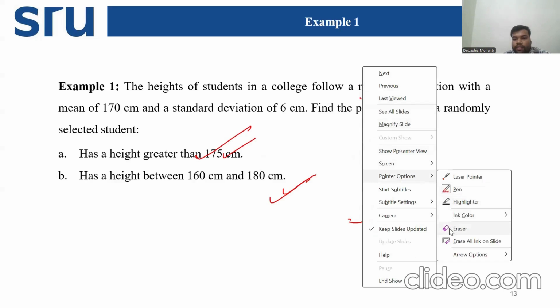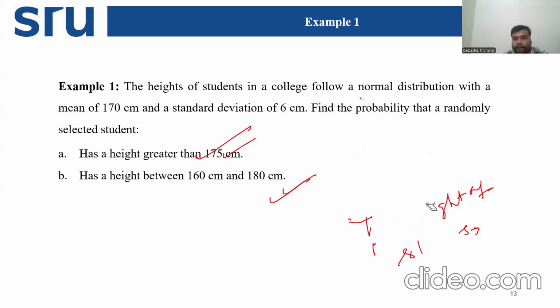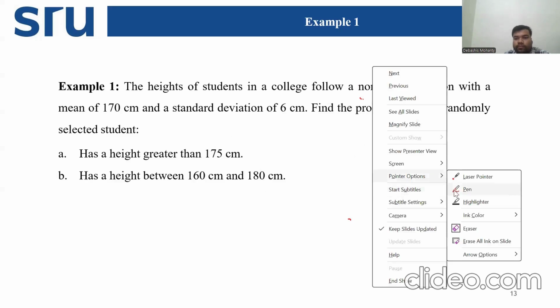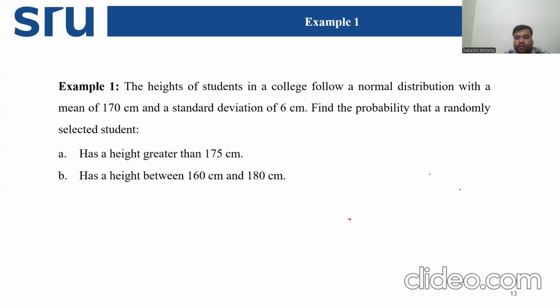Let me erase this first, so I can explain here. The x value is equal to 175 centimeters, because we are calculating the height greater than 175 centimeters.